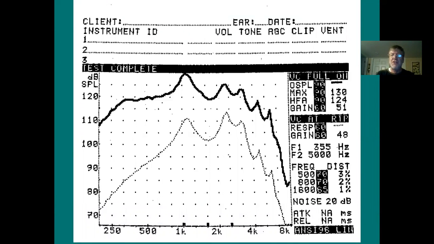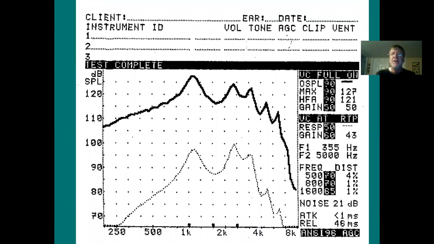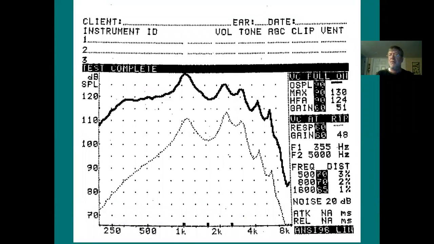I'm going to show you this example here. This is old ANSI measures, and I'm going to take you through this a piece at a time. This thick line, OSPL 90. Follow my cursor, OSPL 90, there's the 90 you can see, and what's shown is the line. And then you'll see maximum OSPL.